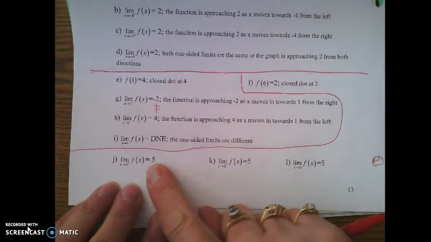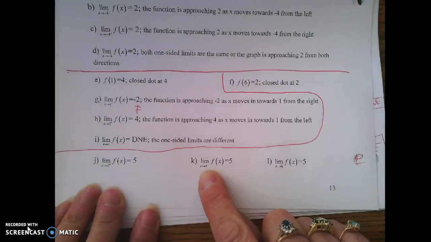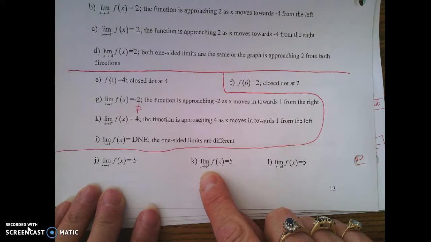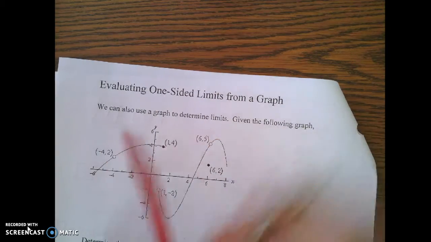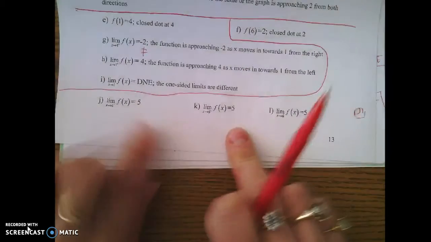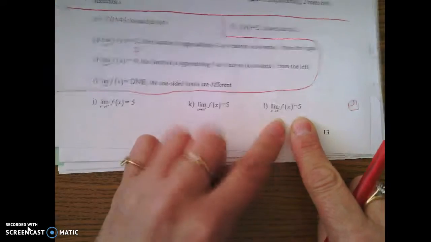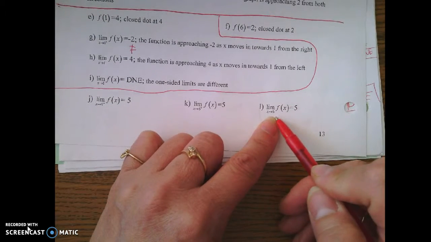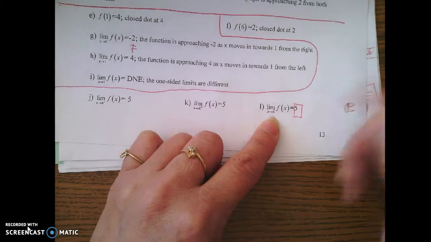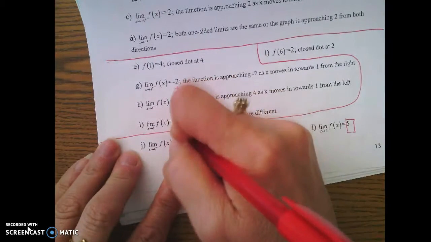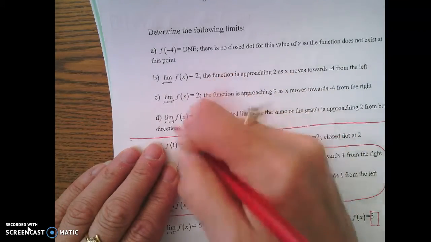Sorry, I have to keep flipping up and down. Let's see what happens as x approaches 6 from the right. Again, from the right, it is approaching 5. Since these two are the same, the limit as x approaches 6 of your function does equal 5. So here was the final answer at 6, here was the final answer at 1, and the final answer at -4.